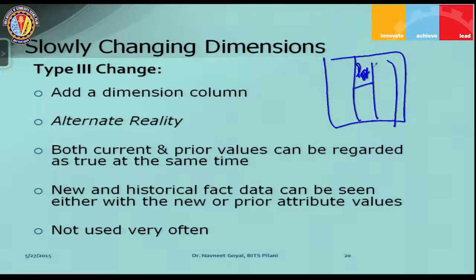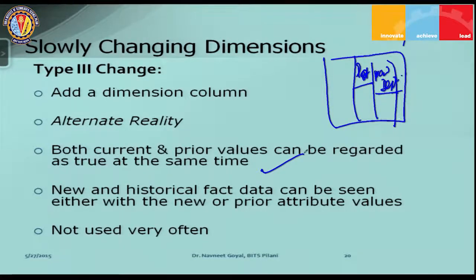So I'll have a new department column, right? And then I can also have a with effect from, WEF, date with this. We also call it the alternate reality, because it gives us both the current and the old value. Both current and prior values can be regarded as true at the same time, right? That's why we call it alternate reality.